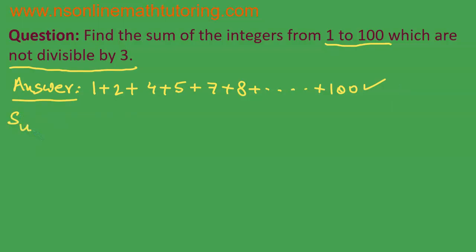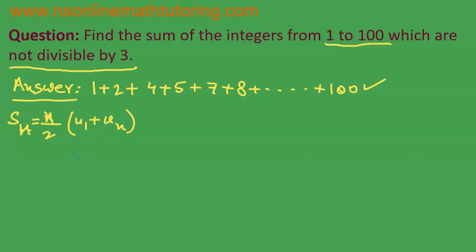We know the summation of the first n terms of any arithmetic sequence is given by n over 2 times u1 plus un, where n is the number of terms, u1 is the first term and un is the last term.